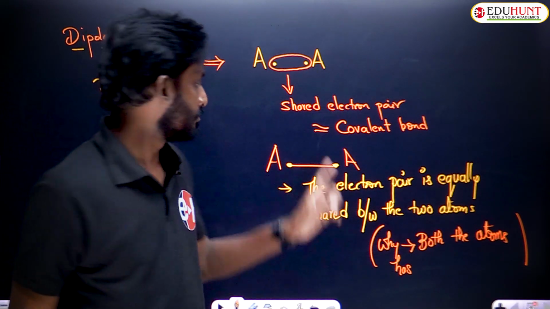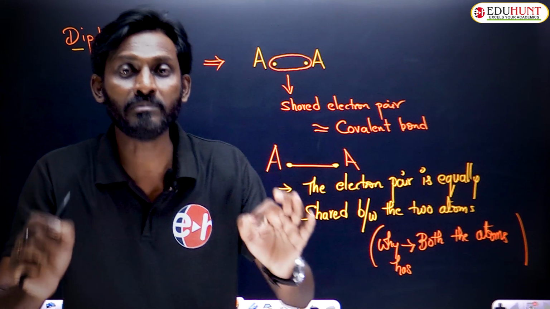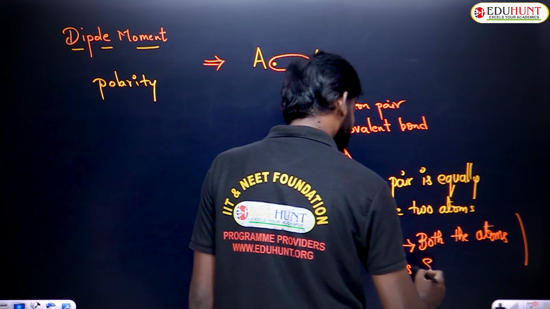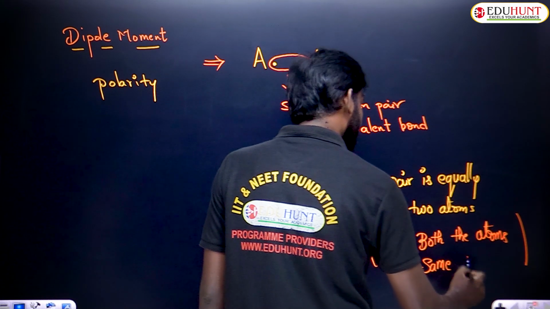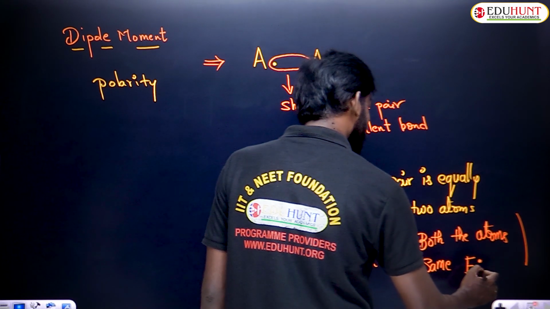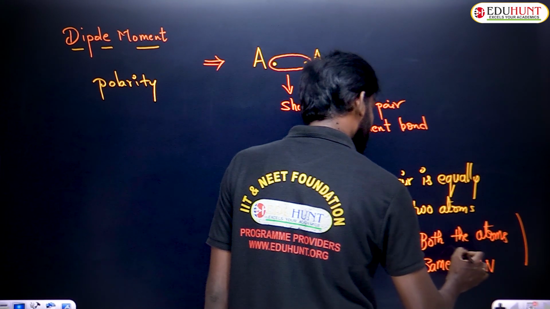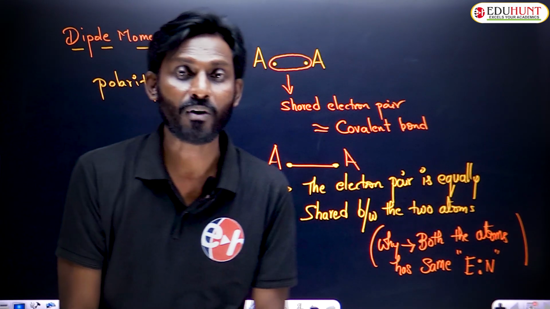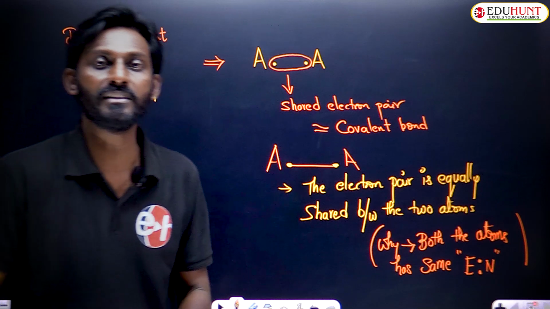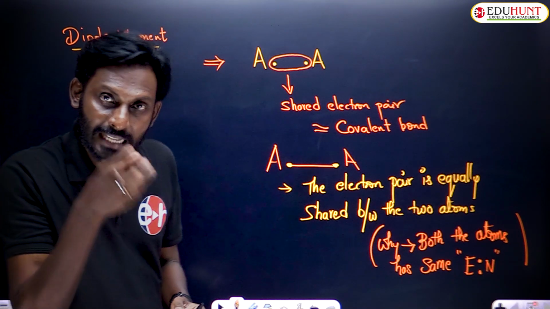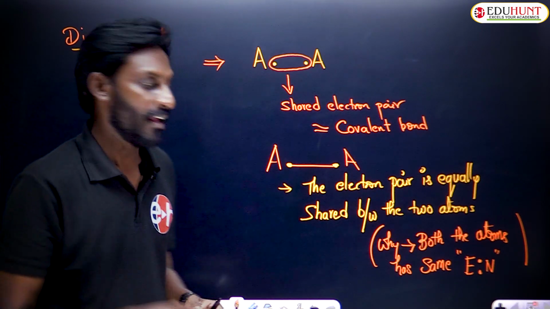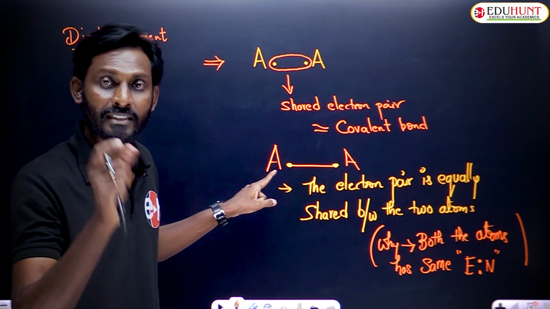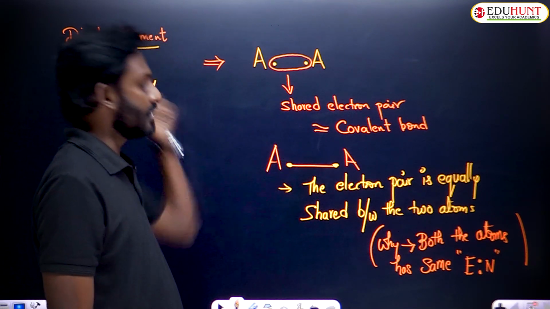It means both atoms have the same electronegativity. Please notice I am writing electronegativity as EN. I hope you remember what electronegativity is. Electronegativity is the tendency of an atom to attract the shared pair towards itself.